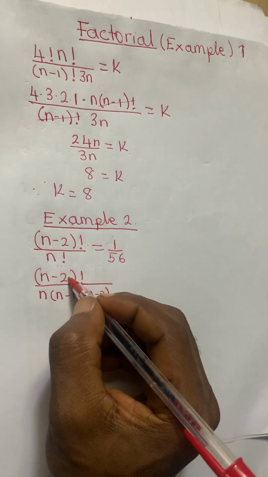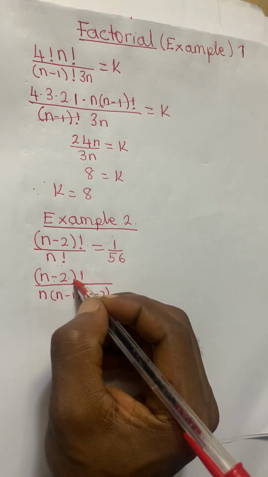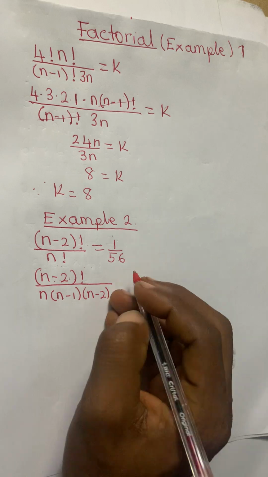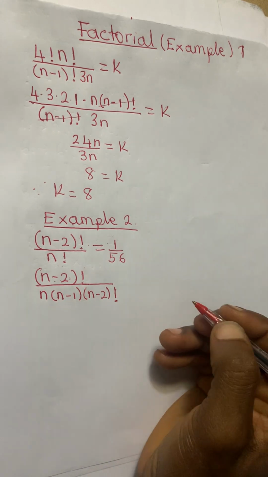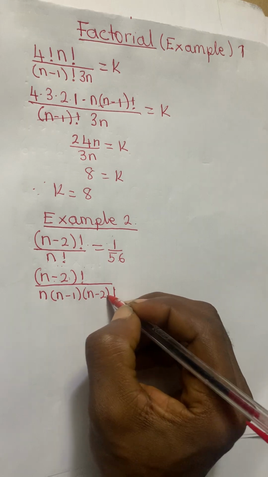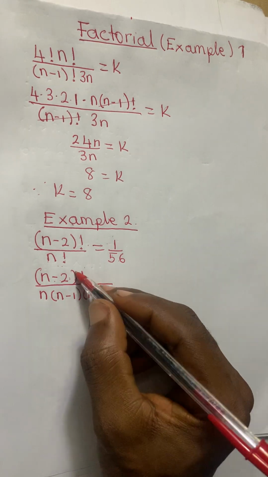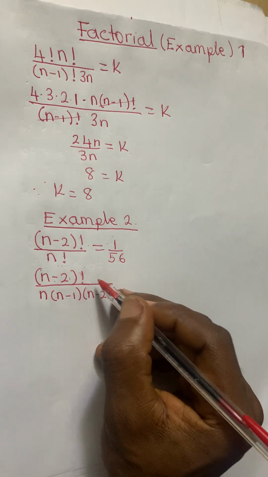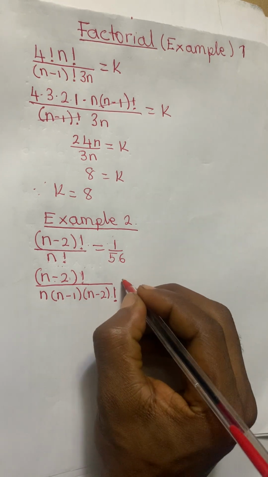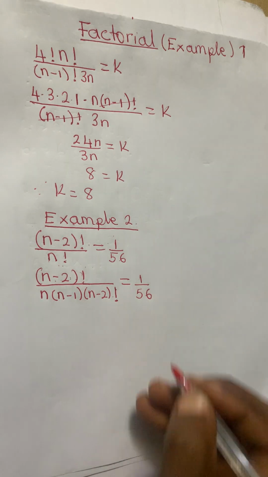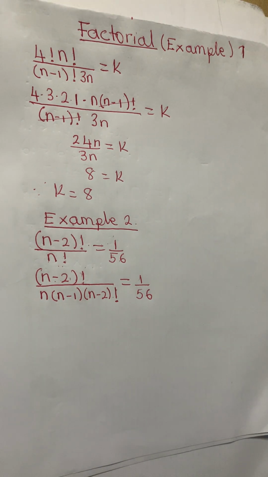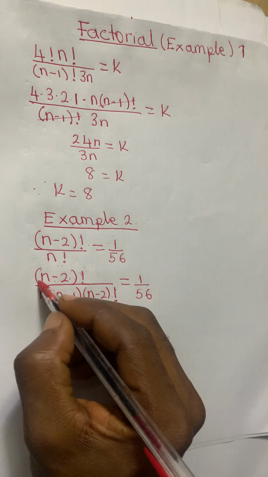But when you study the numerator, we have (n minus 2) factorial. Therefore, we can end here and introduce factorial, which means that we could have continued. But since we want to do away with (n minus 2) factorial, we end here. Is equal to 1 over 56. What is the next thing we do? Now we can cancel out.